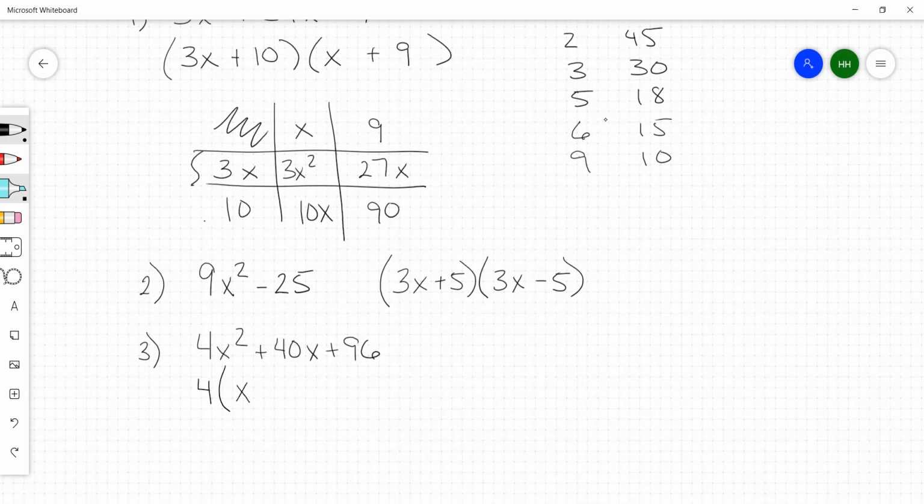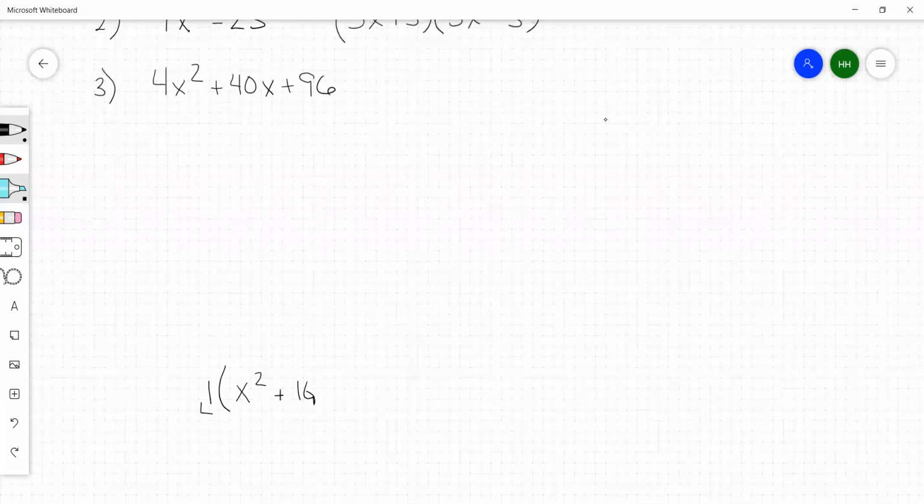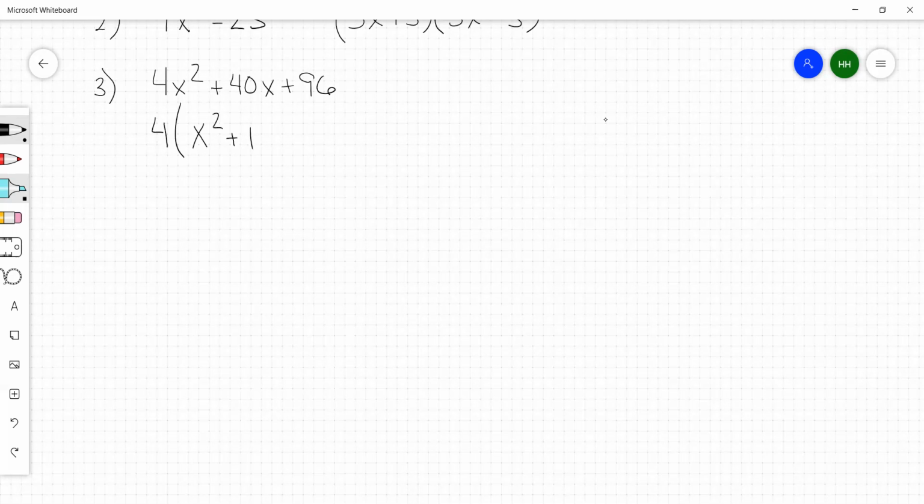And I got x squared plus 10x. What's 96 divided by 4? 24.